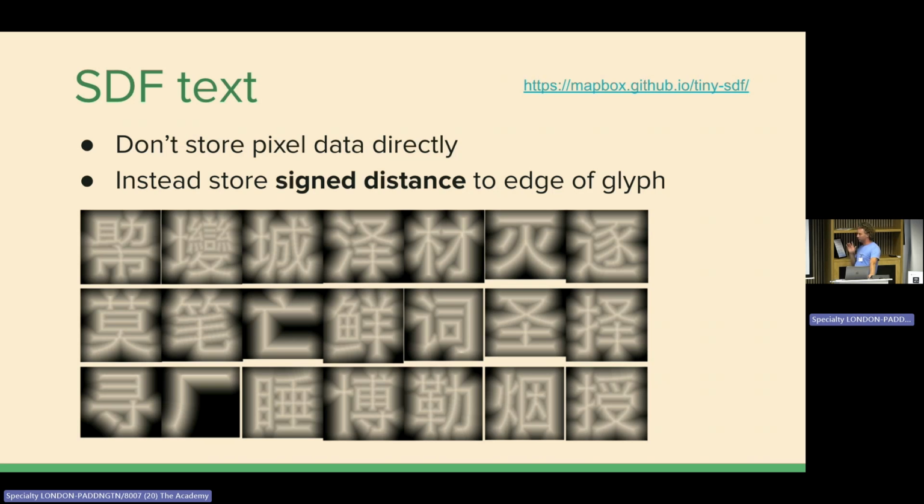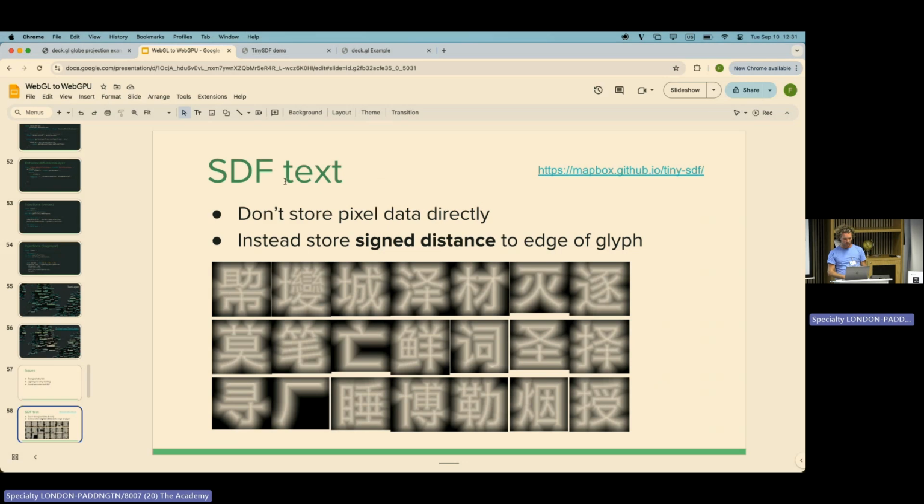We have this very cool technique that we're using in Deck.gl called SDF text, where rather than storing the characters as just black and white pixels as masks, we store them as a smoothly changing field, which defines much more nicely where the edge of the glyph is.